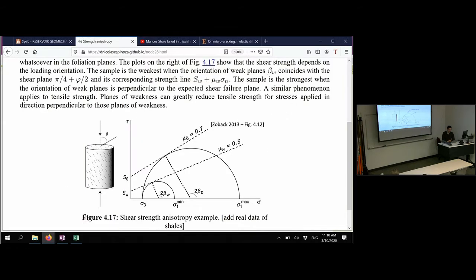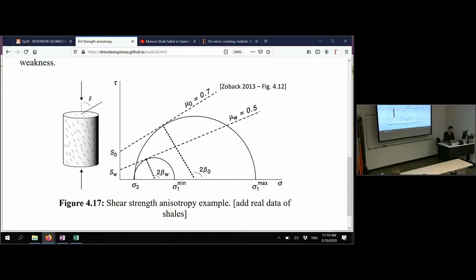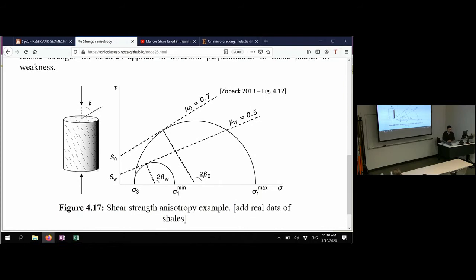And this is exactly what you see over here. What you see in this schematic is that depending on the angle in which you may have flaws or weak planes within the rock, your rock may be weaker or stronger. And it's going to be the weakest, this is that line, when those weakness planes are optimally aligned with respect to the shear failure line.